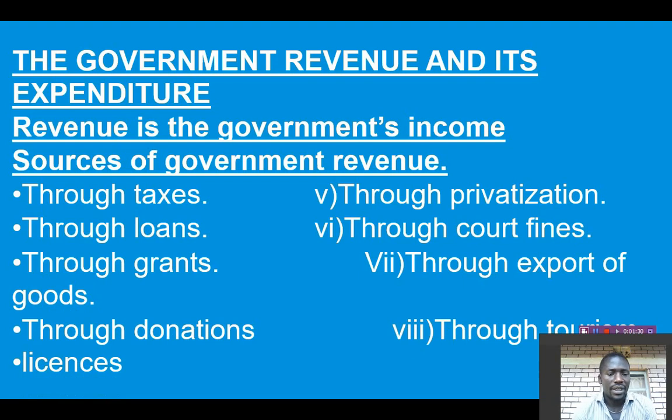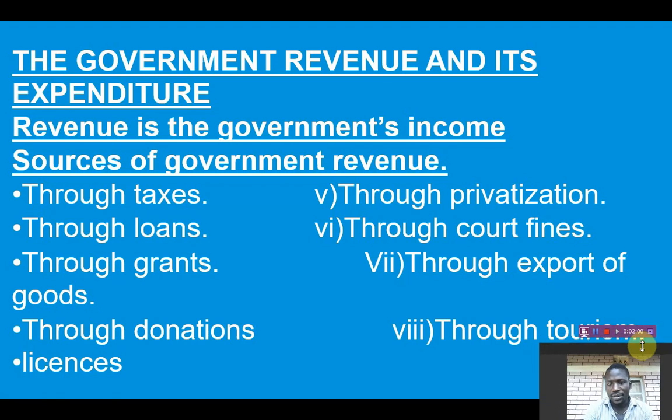One is through taxes, two is through loans, three grants and goods, then donations, licenses, and privatization, which is selling government properties to the private sector. Another is through court fines. When they charge somebody a court fine, that becomes government revenue.